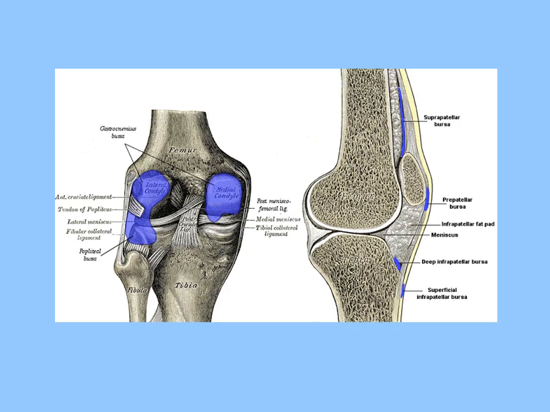They attach to the proximal anterior medial tibia via this common tendon. It is called the pes anserine because it looks like a goose's foot. Pes meaning foot, anserine meaning goose.